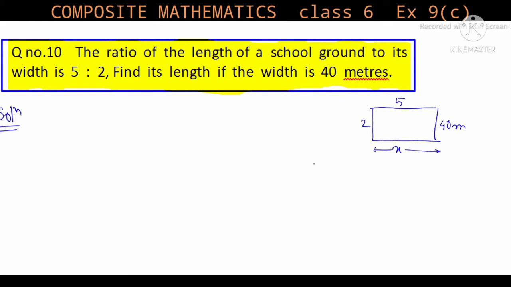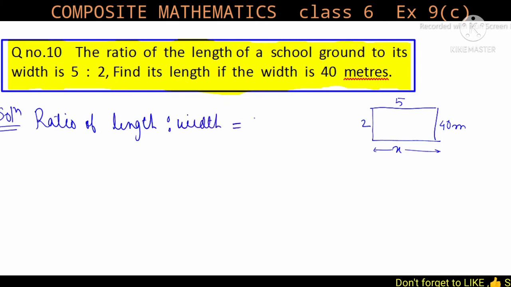Okay, so first of all we will write the ratio of length is to width is equal to 5:2.